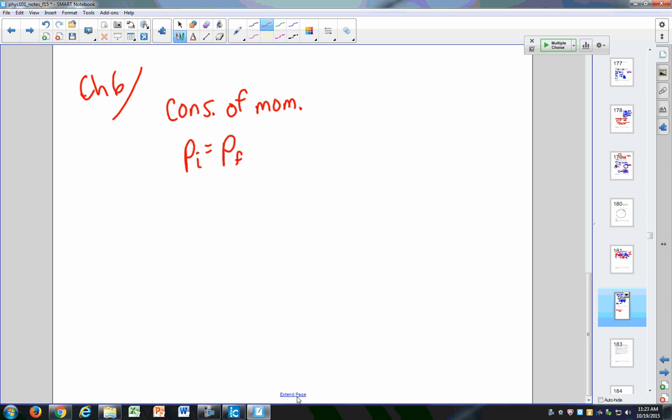These will be different from the impulse problems. You'll know the impulse problems because they involve forces. Impulse is F delta t equals delta p. This is like the truck running into the wall, those sorts of problems, where one object is running into a stationary thing like a wall or a tree, and I'll ask you questions about the forces.